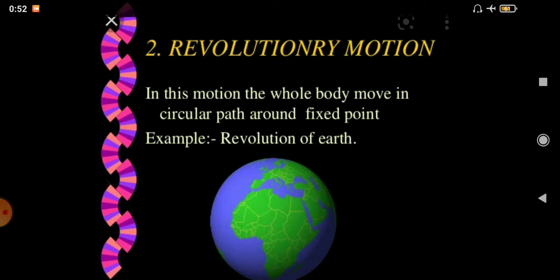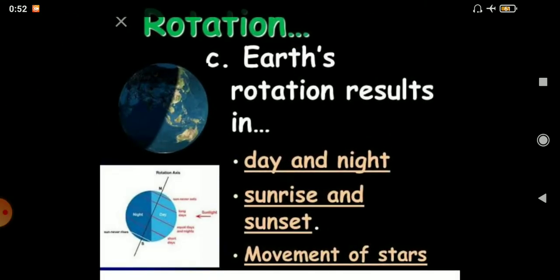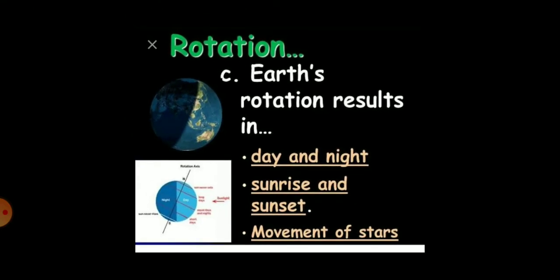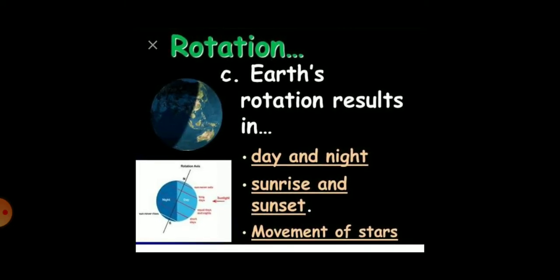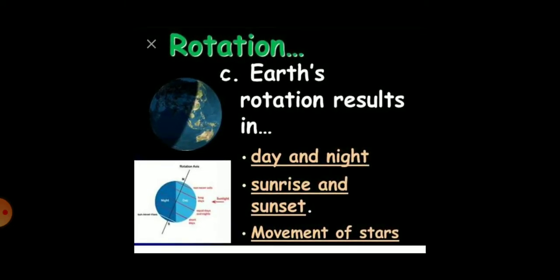That motion is known as revolutionary motion. Its example is the revolution of the earth around the sun. The earth also rotates, but when it rotates on its own axis, that is called rotation. So we can say that day and night, sunrise and sunset, movement of stars all happen due to the earth's rotation.